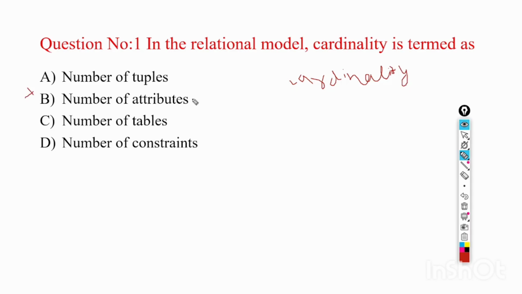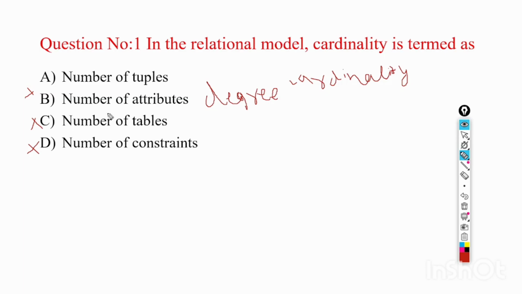Now let's see why the remaining options are wrong. Option B, number of attributes, means the columns, which is called degree, not cardinality. Total number of rows we call as cardinality.